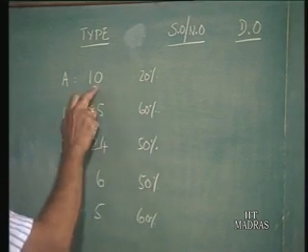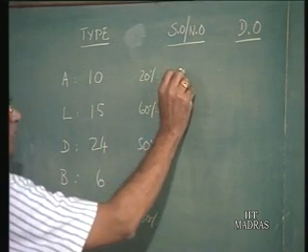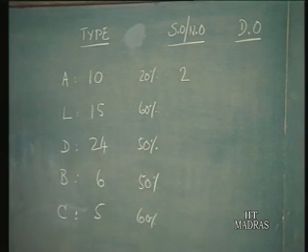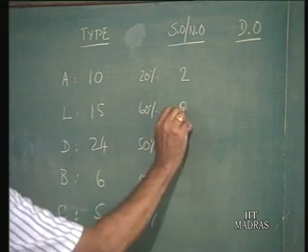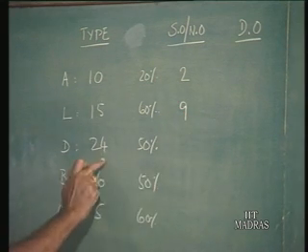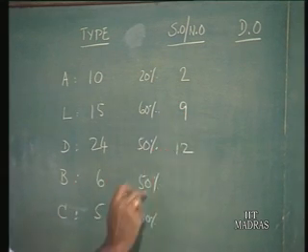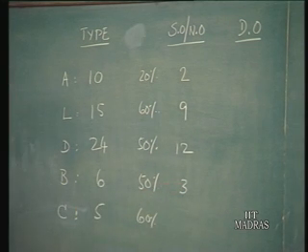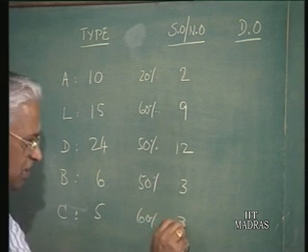It will be 2, 20% is 1/5, right. So 2, then 60% of this, so that will be 9, then 50% is half, that is 12, again this also is 50%, half of it is 3, then 60% of 5 will be 3.